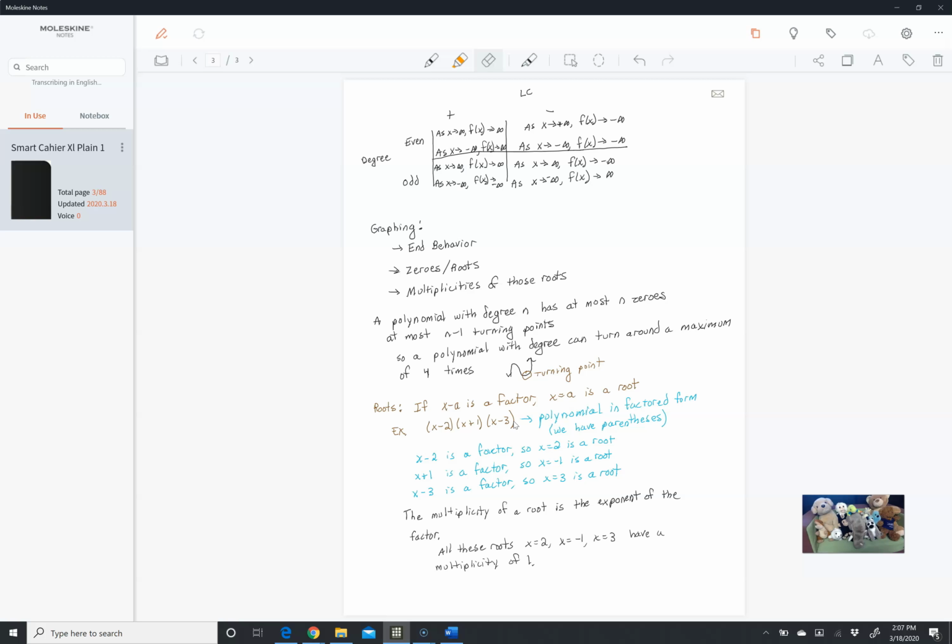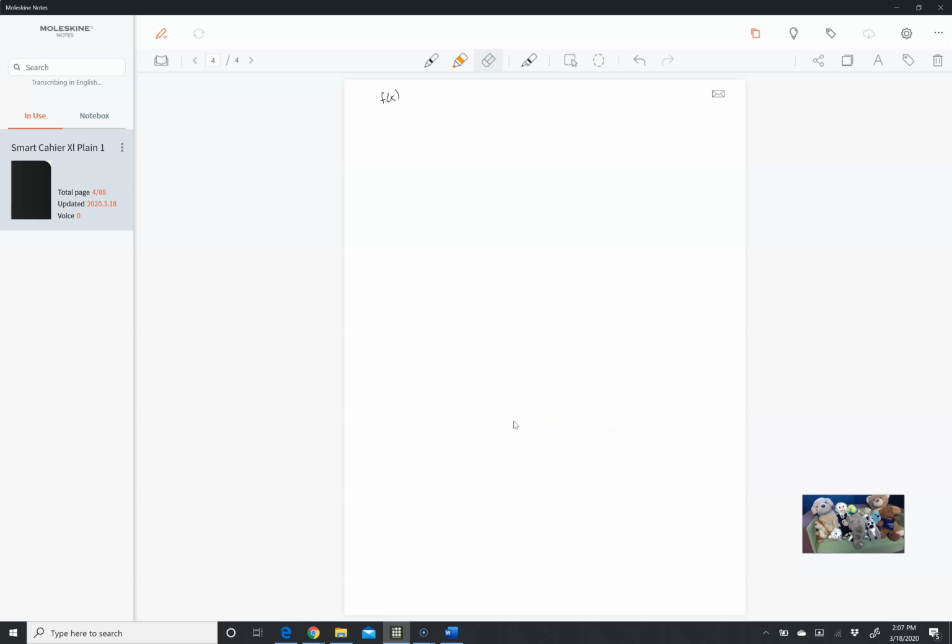Let's say that we had f of x equals x plus 6, and this time we're going to raise this to the third power, x minus 4 squared, and x plus 5. And that one we won't raise to a power, which means that it's raised to the power of 1. Okay, so in this case, the roots are x equals -6, x equals +4, and x equals -5.